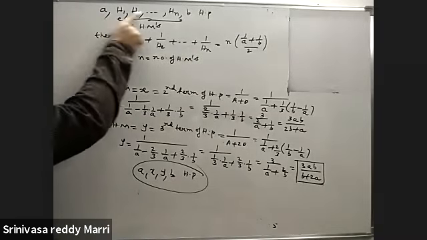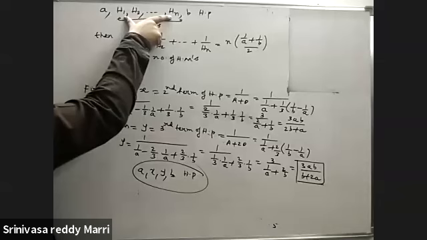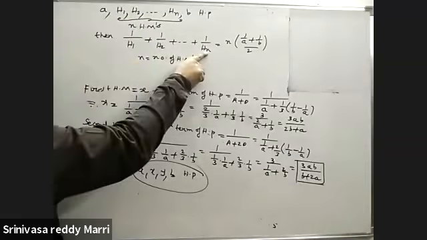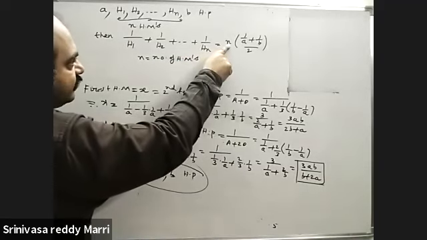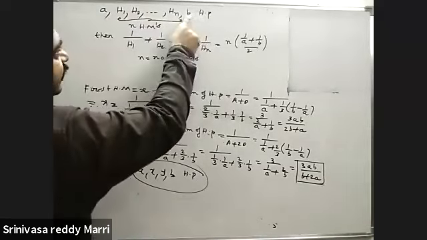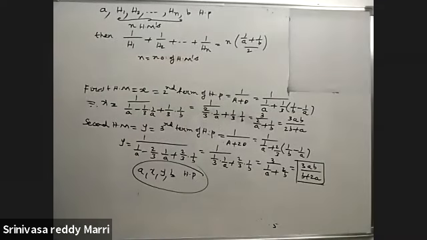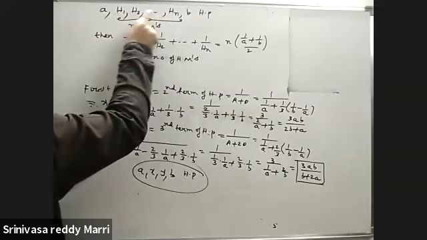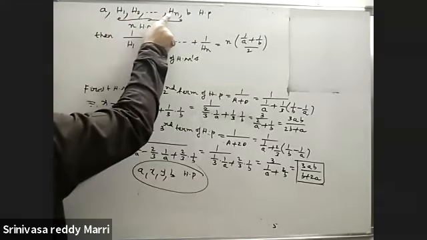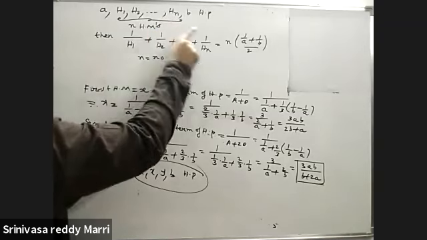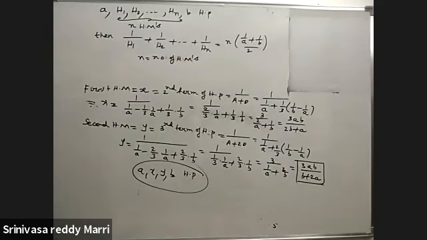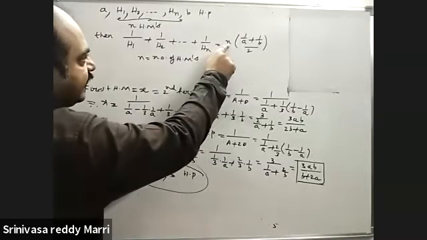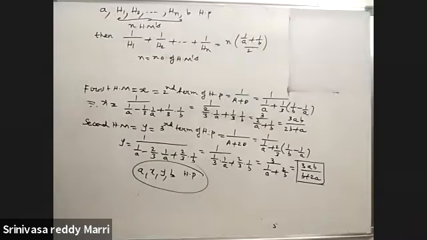Here, in between A and B there are n numbers. These are called HMs. The sum of the reciprocals of HMs is nothing but n into 1 by A plus 1 by B divided by 2. Yesterday I told you, between A and B, if n AMs are there, A1 plus A2 plus A3 and so on, the sum is n into A plus B by 2. Similarly here, the sum of reciprocals is nothing but n into 1 by A plus 1 by B divided by 2.